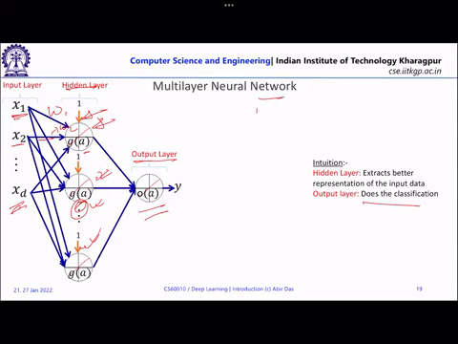For the purpose of the next slide, we need all the W's that are converging to this node, and so on, right?